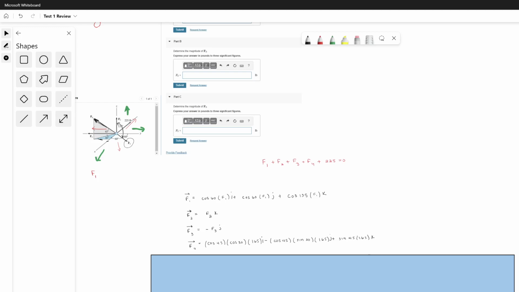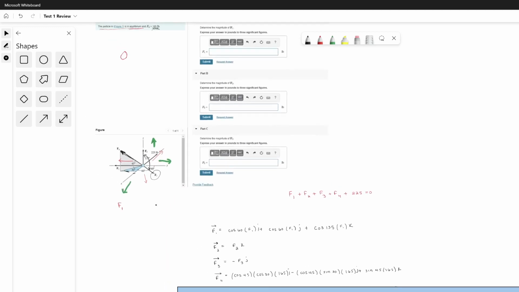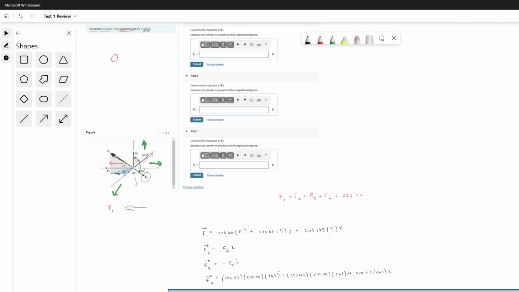minus, because it's pointing that way. So it would be minus the cosine of 45, again, the 45 is touching this xy plane, times the sine of 30, because the sine is the opposite.